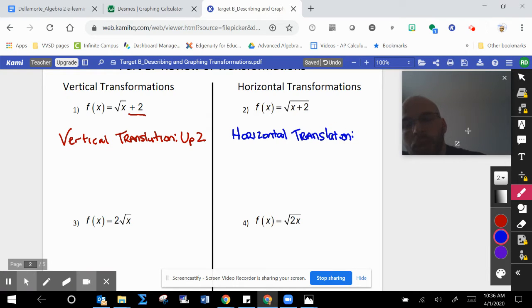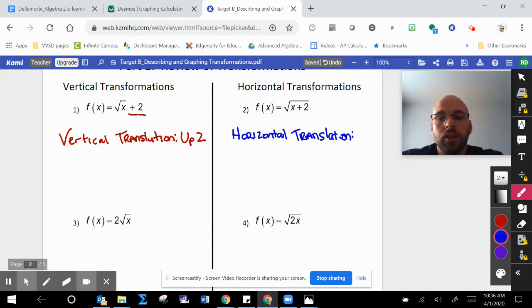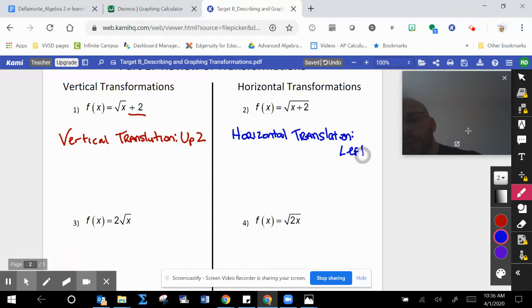And when we deal with the inside of our function, when I have +2, we have to remember to do the inverse, right? So everyone always thinks that if I were to add 2 to the inside, that would move it to the right. But in fact, we have to do the inverse direction, which is going to move it to the left. Okay, so it's going to go to the left 2 units.